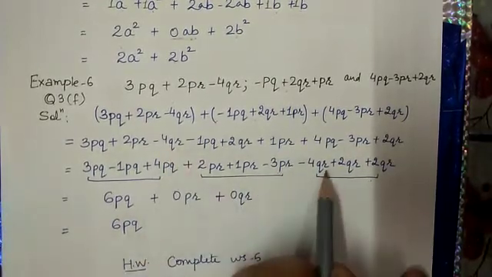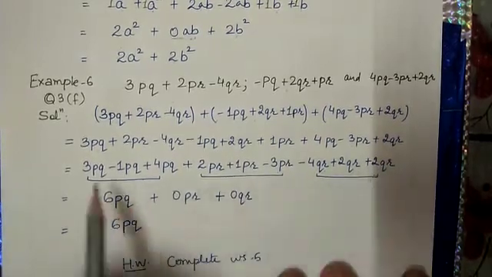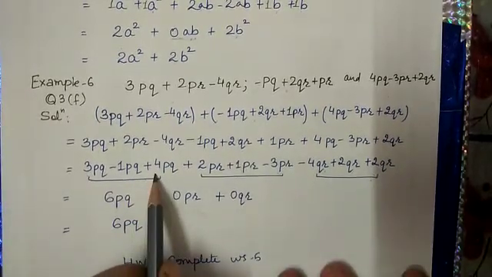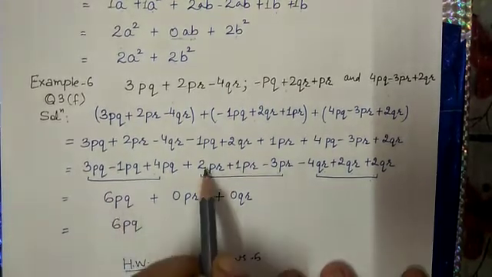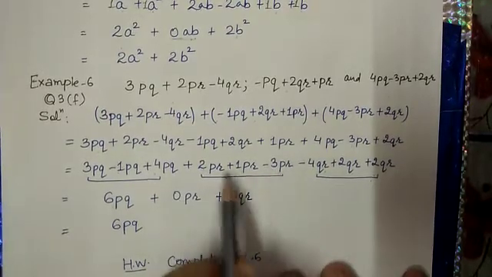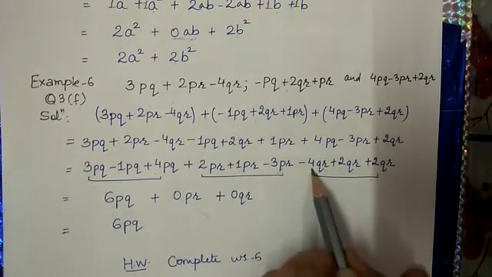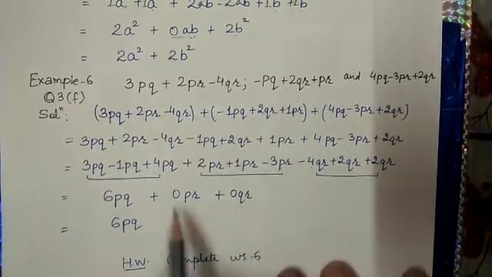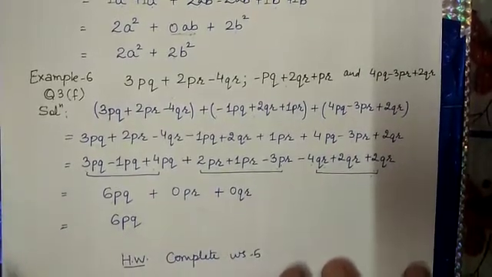And then 4qr, 2qr and 2qr. Now 3 and 4, 7. 7 minus 1, 6. 2 and 1, 3. 3 minus 3, 0, pr. 2 and 2, 4. 4 minus 4, 0, qr. 0 has no value, so the result became 6pq.